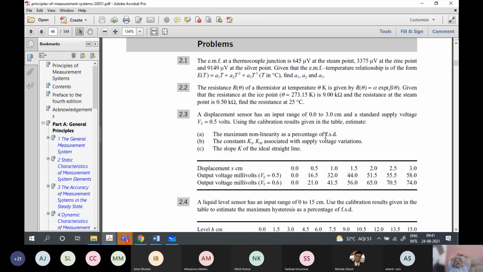So calculate the values of X and Y. Obviously, X and Y should be the smallest possible values such that the error remains within X% of reading or Y% of full scale, whichever is larger. Then how do I find X and Y?